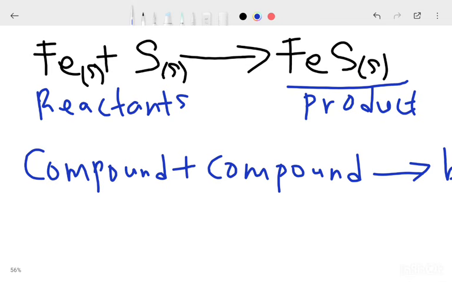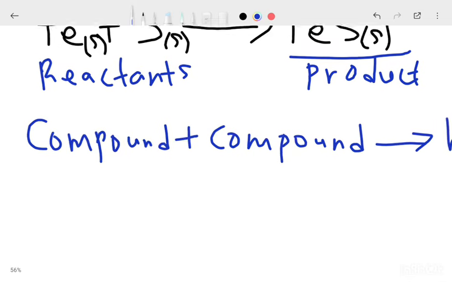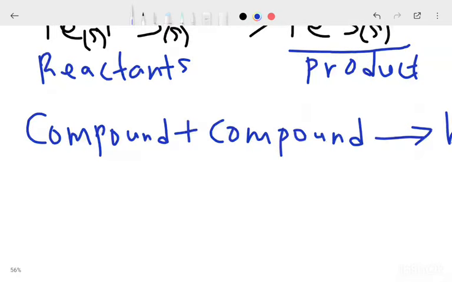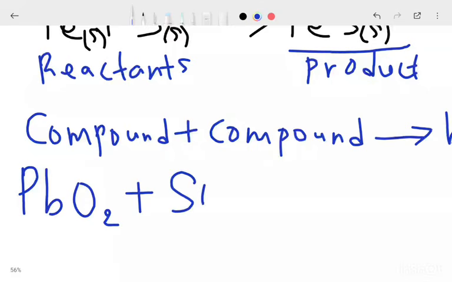So for example, let's use lead IV oxide, lead dioxide, that is PbO2, with Pb as the symbol of lead, reacting with sulfur dioxide, which is a gas.